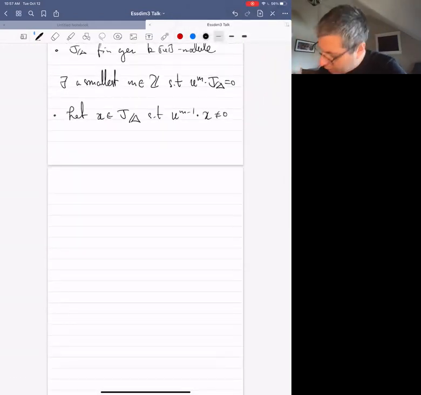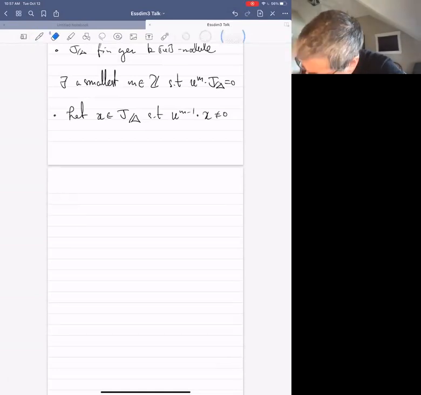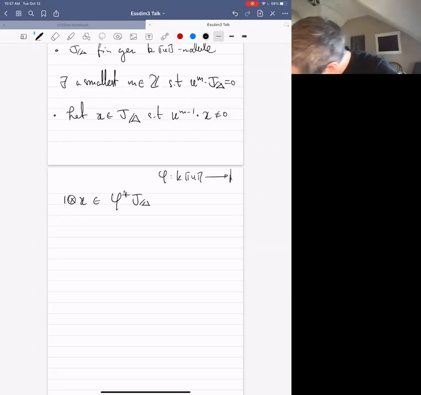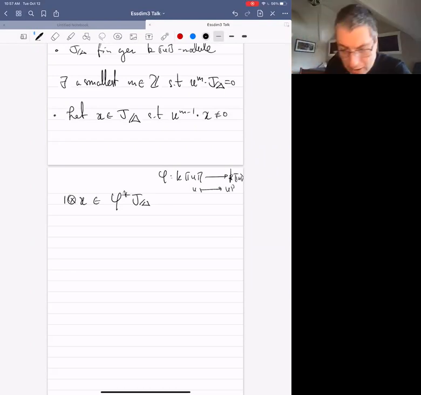Okay. So now let me look at the element 1 tensor x inside the pullback by Frobenius on this guy, right? So my Frobenius is the map here given by u goes to u to the p. And this is a finite flat map, okay?